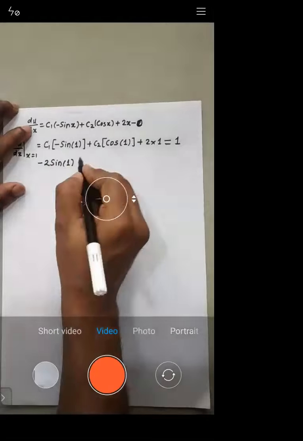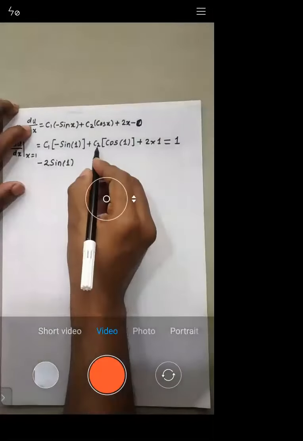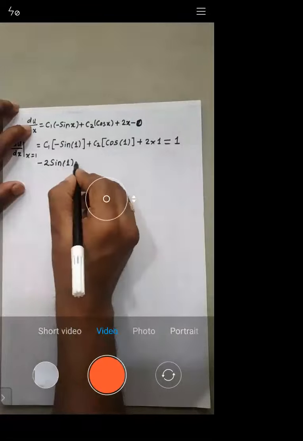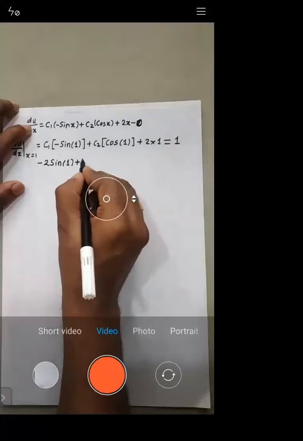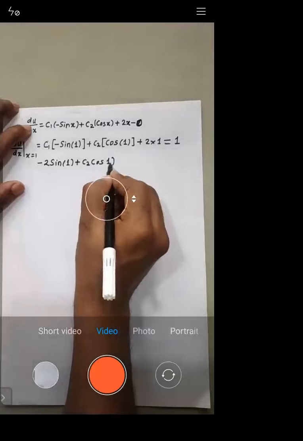Minus 2 sin 1 plus C2. We need to calculate C2, right? Yes or no? We need to calculate C2 or not? Plus C2 cos 1.